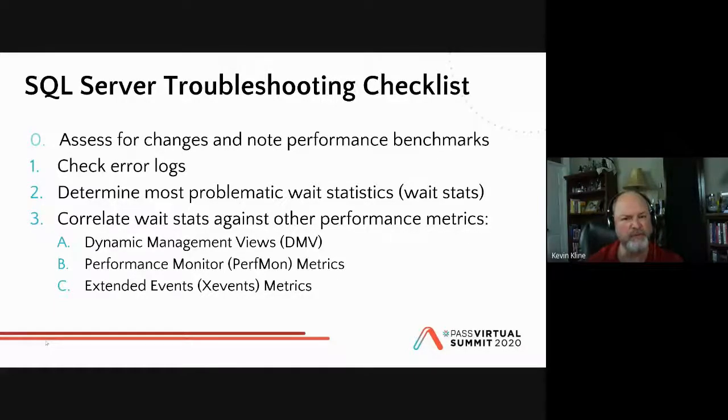And then, once you have the broad wait statistic or statistics, because it could be several together that give you a top-down view on how your SQL Server is performing, you need to go an extra step and use some of these other resources that we have here: DMVs, Perfmon counters, extended events.